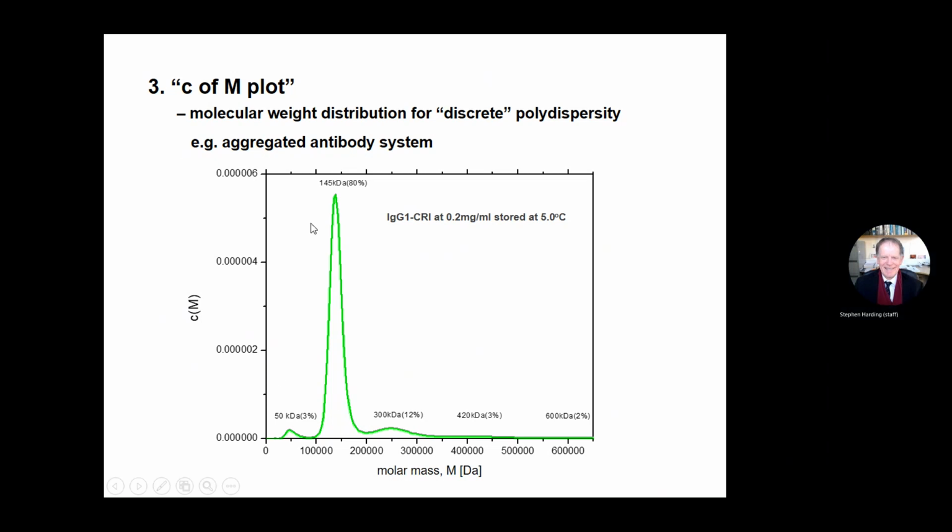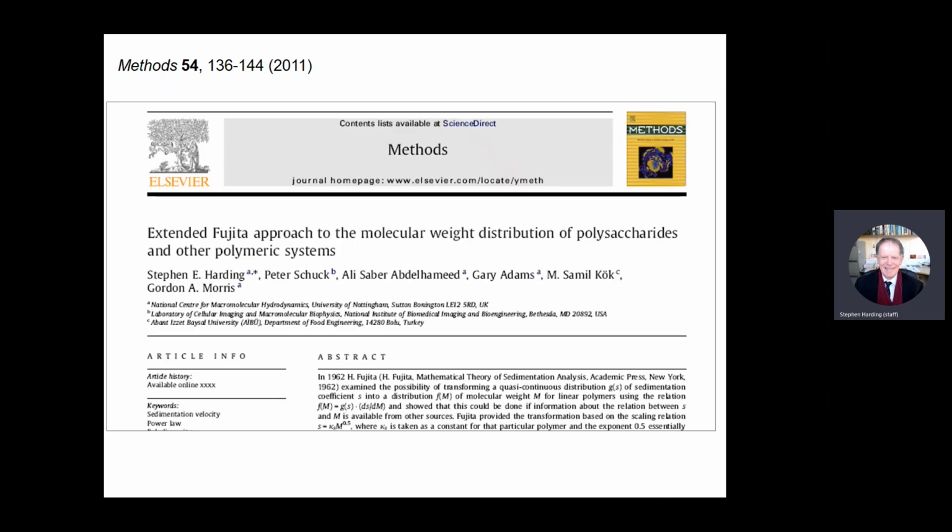So this is a relative molecular weight distribution based on that conversion formula. So you get a relatively quick idea of the purity and molecular weight distribution or size distribution from the sedimentation coefficients, which can be interpreted in terms of molecular weight distribution for your solution.